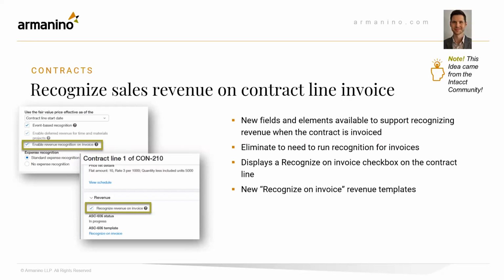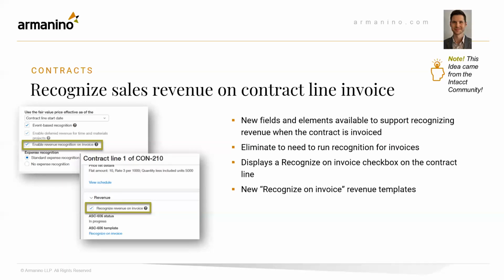This eliminates the need to run recognition for invoices. It displays a recognize on invoice checkbox on the contract line, and new recognize on invoice revenue templates are available. And this is an idea that came from the community. So like we've mentioned earlier, definitely submit those topics and ideas because a lot of these are very neat enhancements that I'm very excited about.